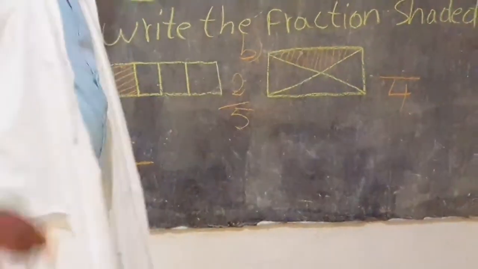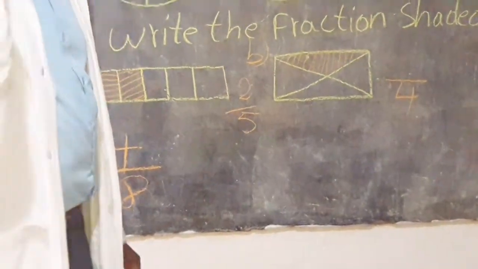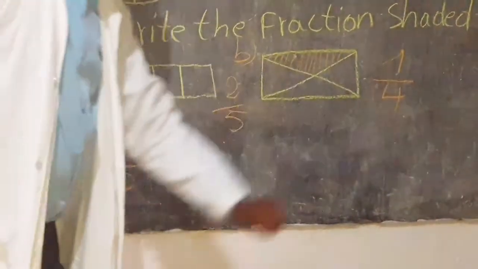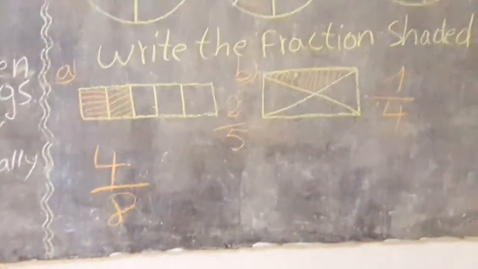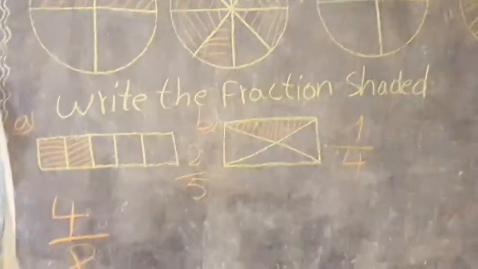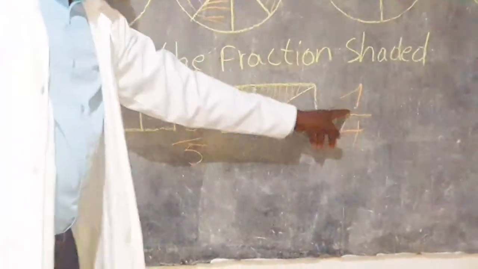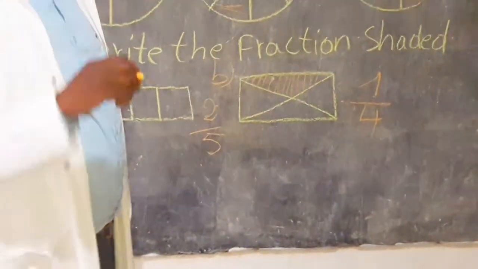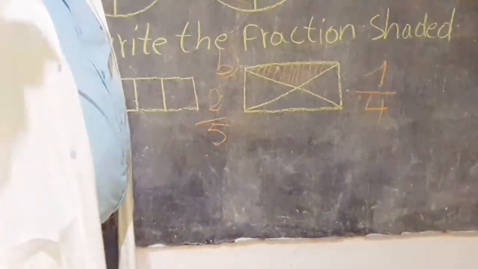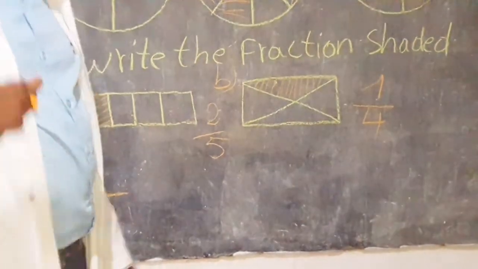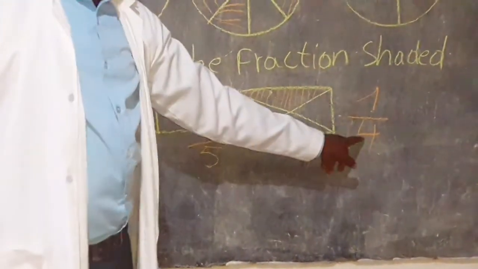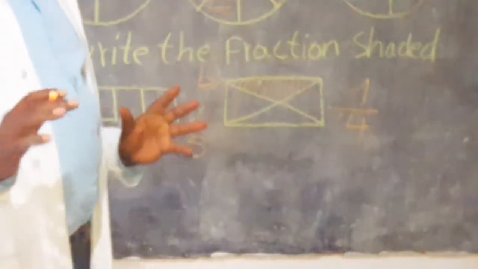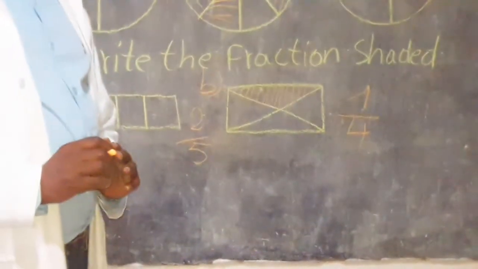Is 1. 1 over 4. This one is numerator because it's the parts taken in available parts. And 4 is denominator because it's the number of available parts.